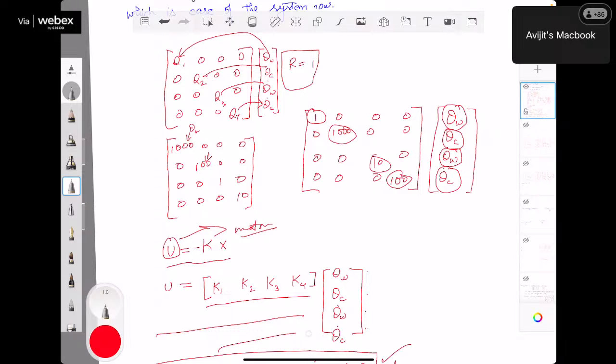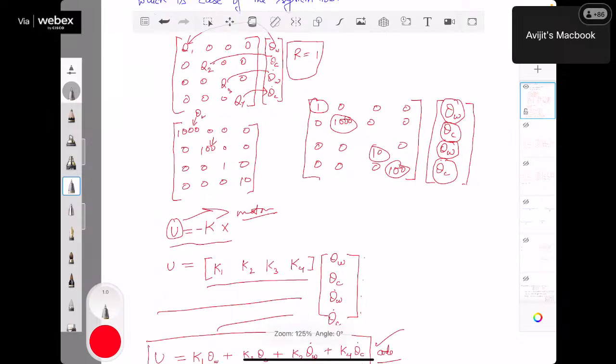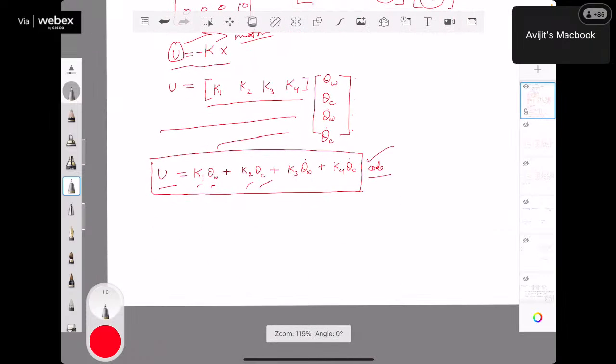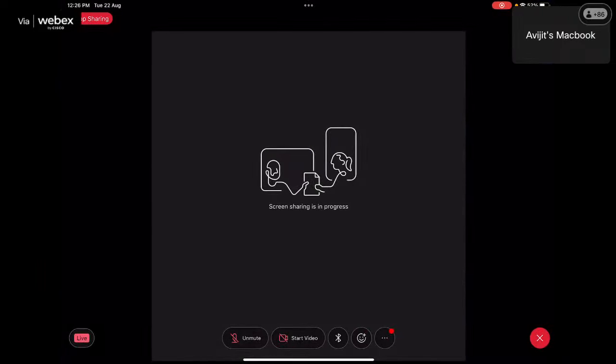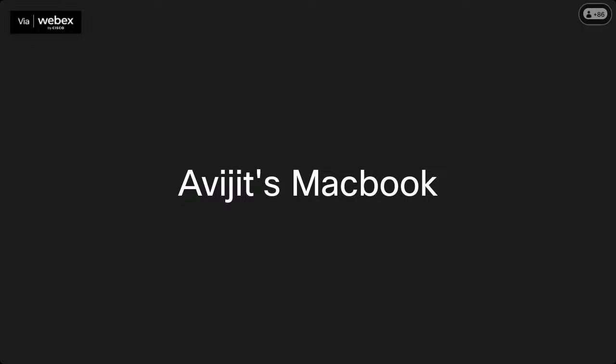You are not directly changing something in the K matrix, but the way you change the Q matrix, the new K matrix will come in such a way that only that parameter is affected. So this way, it's a more calculated and more mathematical approach. Once we have all these K matrix and Q matrix and everything in place, we need to implement that on hardware. So now let's move on to the hardware that we have built on our side.